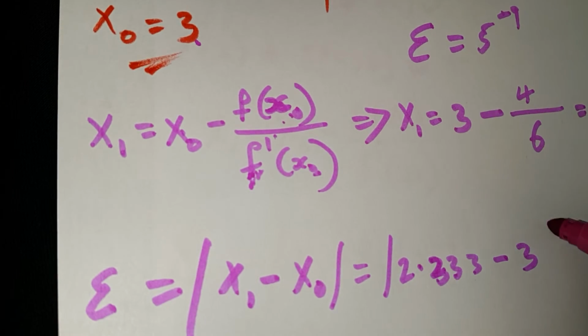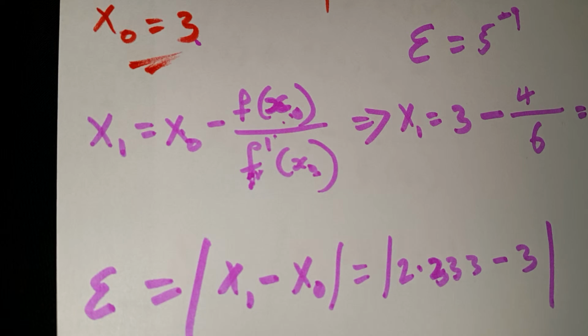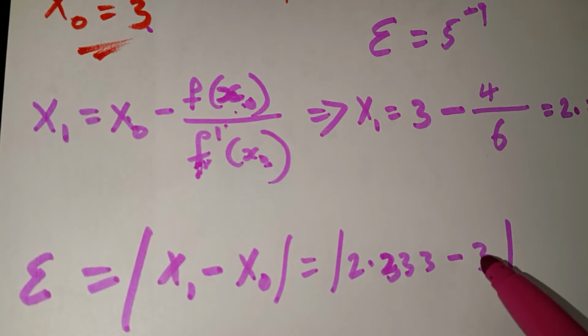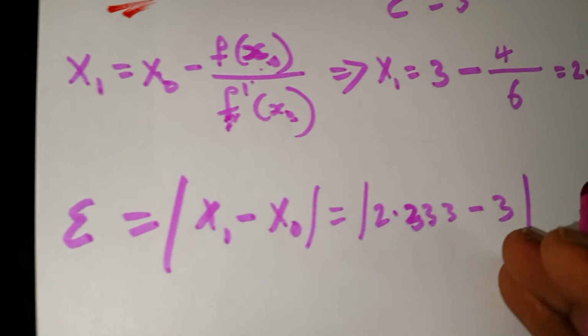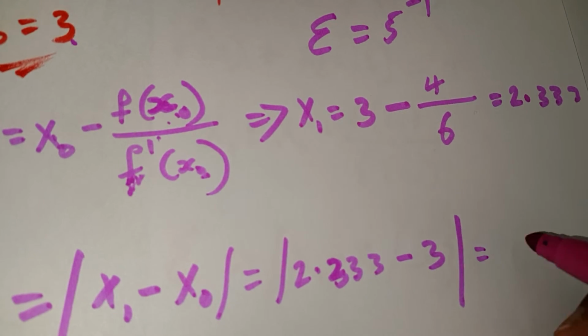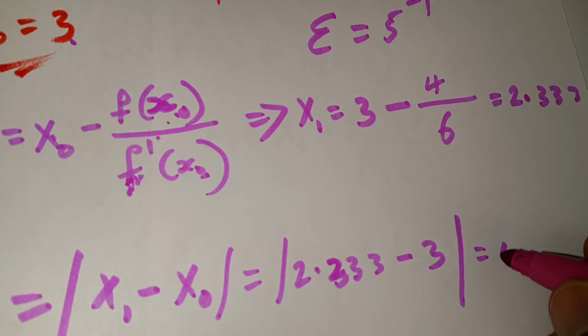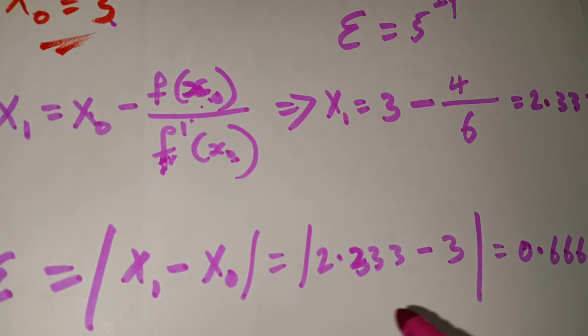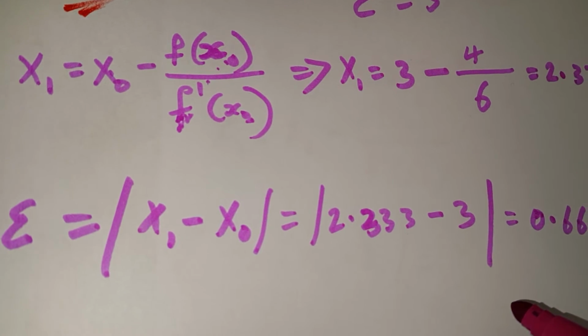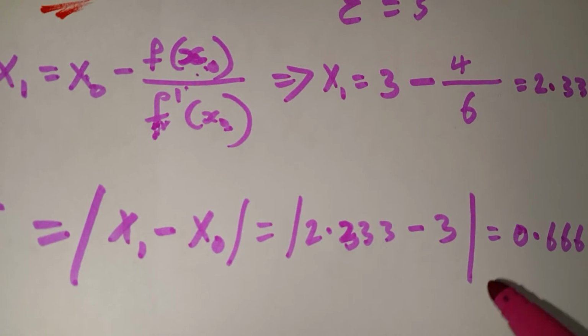So when you say this, 2.3333 minus 3 should give us 0.666 and so on. Okay, so this is how to find the Newton's method.